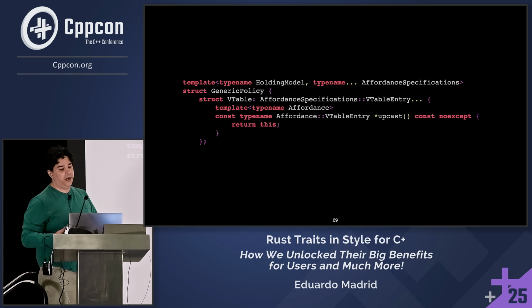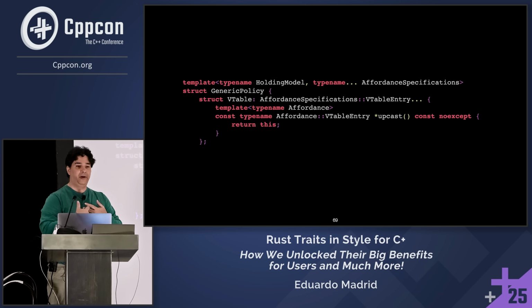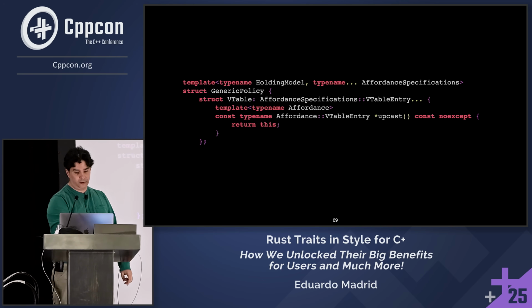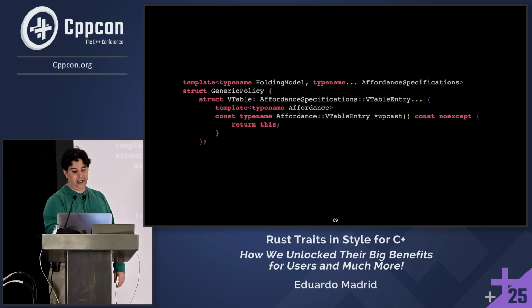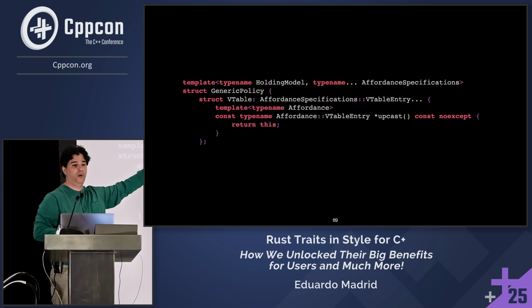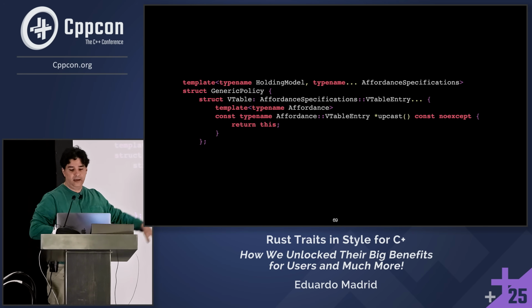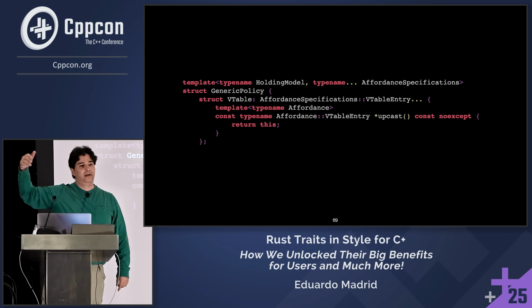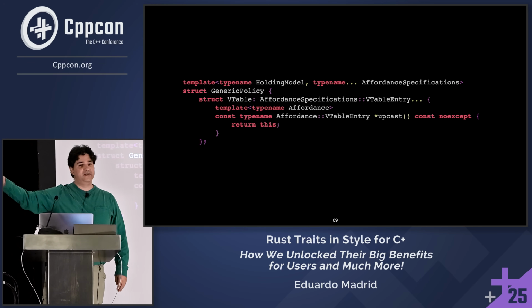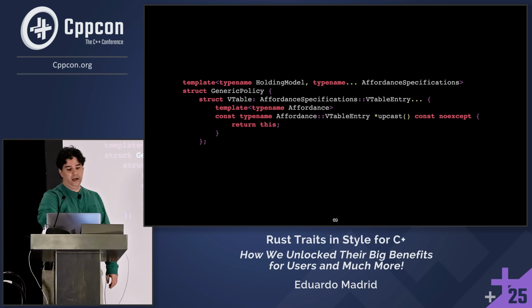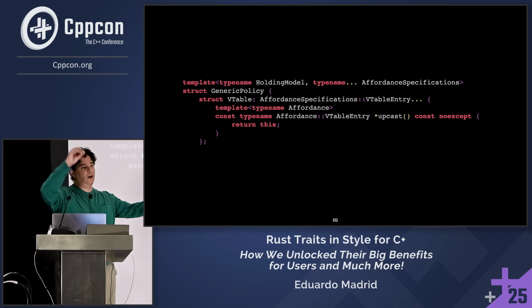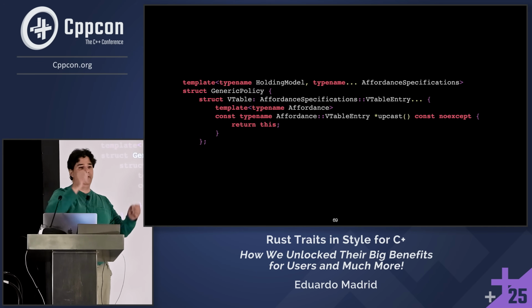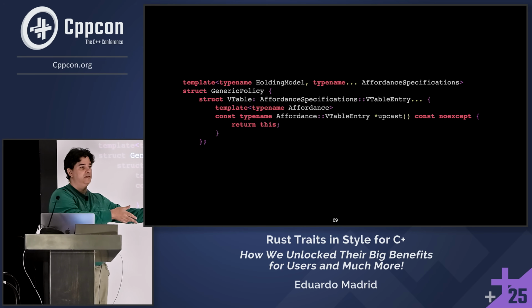So, the way in which the framework does it, remember that we were giving this to the policy builder. The policy is an alias for this structure. And this structure takes the holding model, how you want to model the local space, and a variadic pack of affordances. And so the vtable is the composition via inheritance of the vtable entries of each of the affordances.